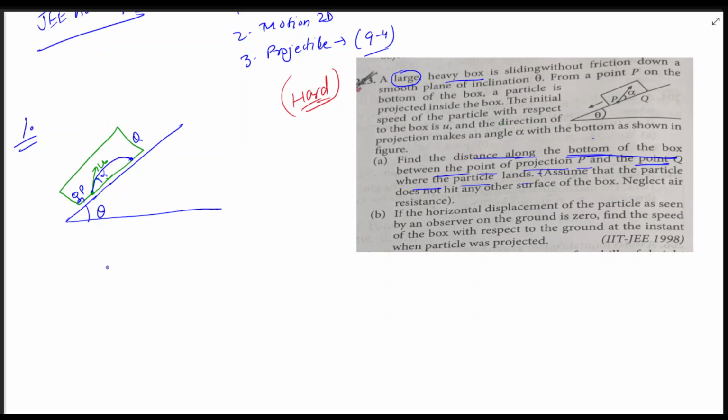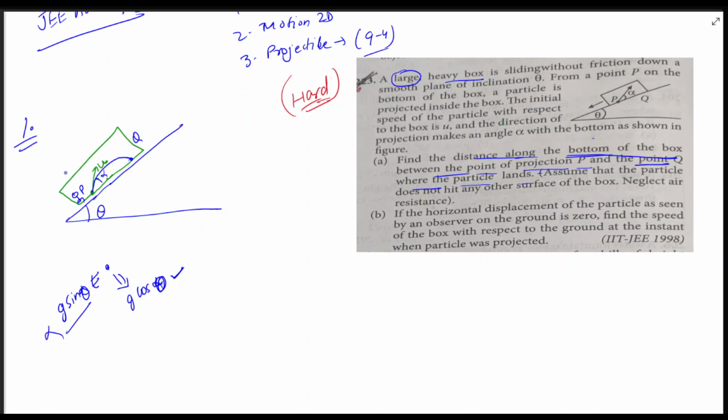Now you must be asking, sir, if P is here, there must be an acceleration g sine theta here, and one acceleration g cos theta here. There is no issue with g cos theta, but g sine theta will not be there.